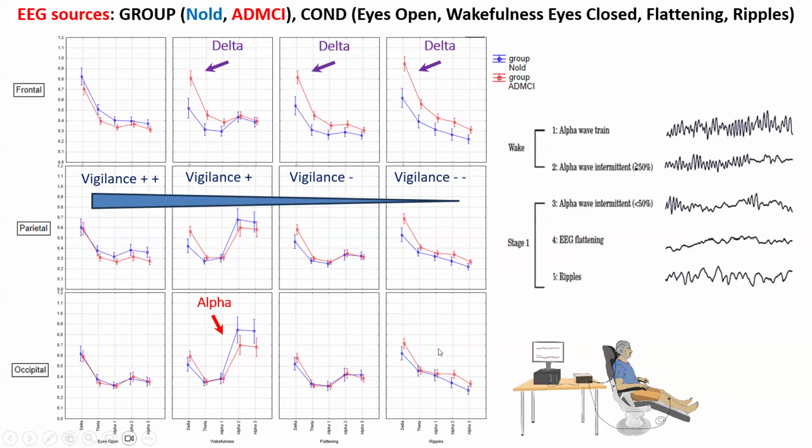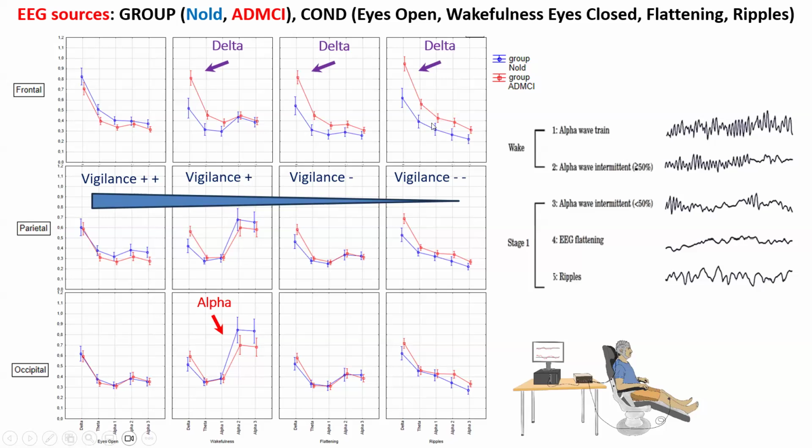When we go to the last part of the recording with the ripples, you see that alpha is even lower in the occipital areas, and there is a clear increase in delta and theta, which became dominant in the posterior areas, and the same is true for parietal and frontal.